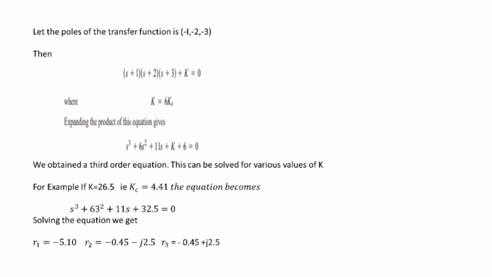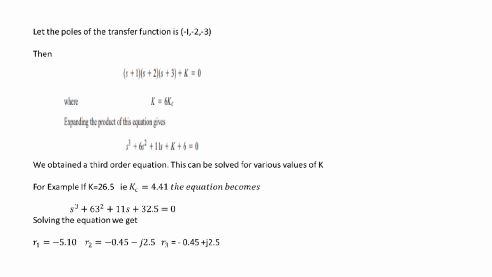values. For example, if K equal to 26.5, Kc equal to 4.41, then the equation becomes s cube plus 6s squared plus 11s plus 32.5 equal to 0. By solving this equation, we will get three roots.